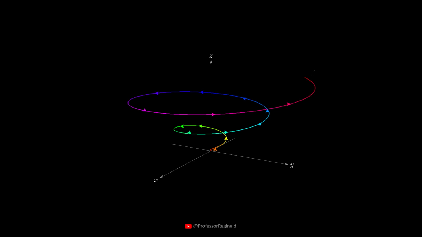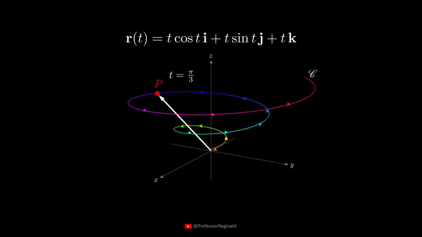Please refer to the following 3D space. This is the graph of the parametric curve defined by the given vector-valued function. It is called an Archimedes spiral. This point is where the value of the parameter t is equal to pi over 3. This is the position vector of the point.